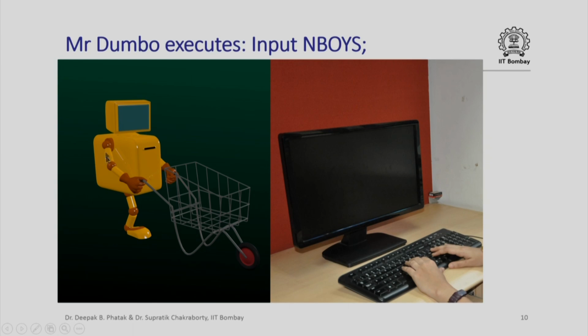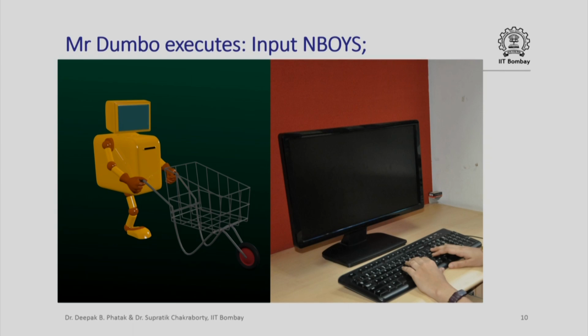Notice that all that Dumbo is doing is internal to a computer. We can't see it. We, on the other hand, are sitting here with a keyboard and a terminal. We do not perhaps know that Mr. Dumbo is waiting, so we may wait for something to happen. But unless we type in some value, Mr. Dumbo cannot complete his execution of the instruction input NBOYS, so Dumbo will stand.